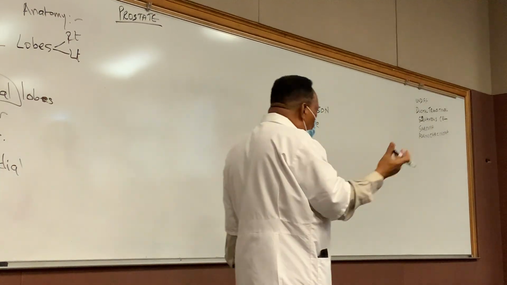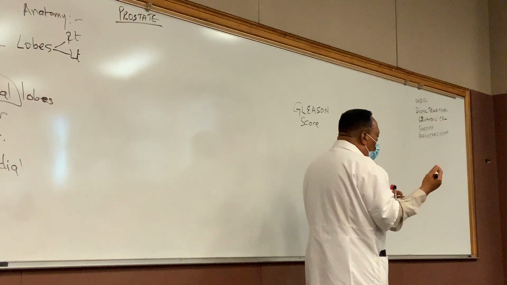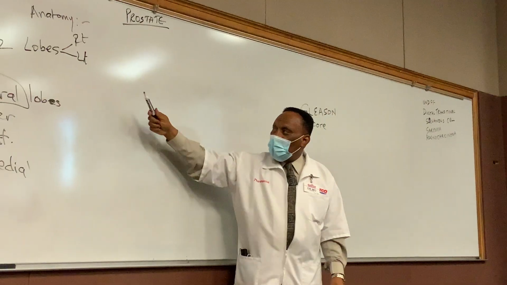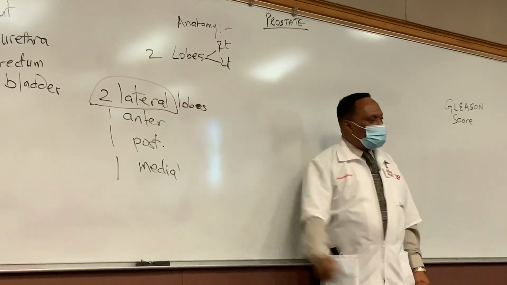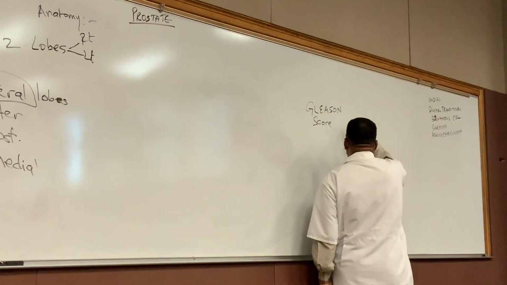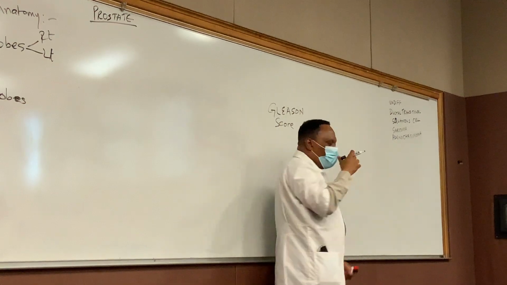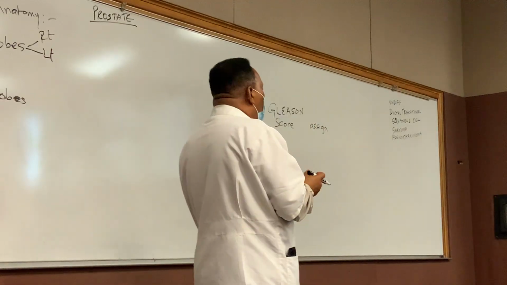And to arrive at that Gleason score, you basically look at these 2 lobes, and you assign whatever number you got from looking at the activities that are going on in those lobes.